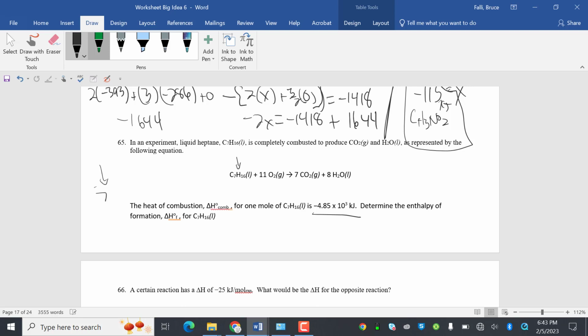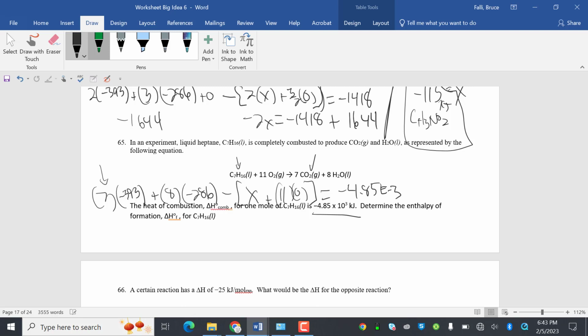Products are going to be 7 times negative 393. Again, I sadly remember CO2. Plus 8 times negative 286, because we use water a lot. Minus x plus 11 times 0. Actually 0, it's an element at standard state. Equals negative 4.85 e negative 3.